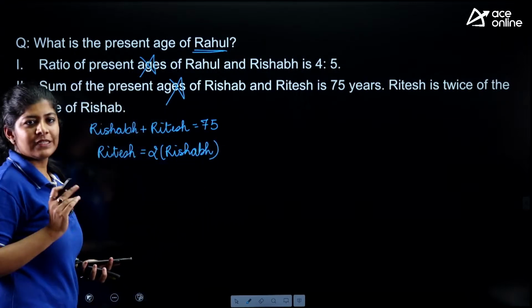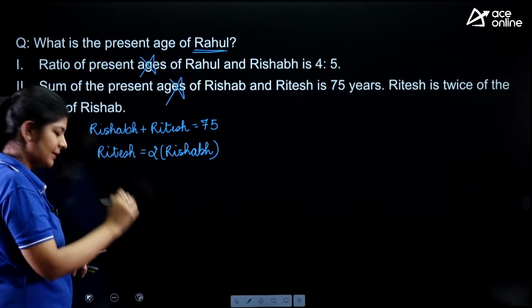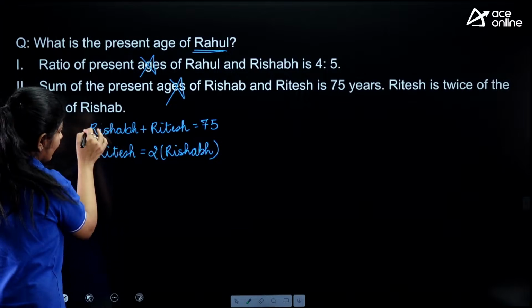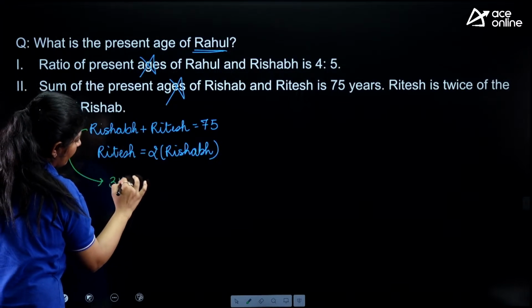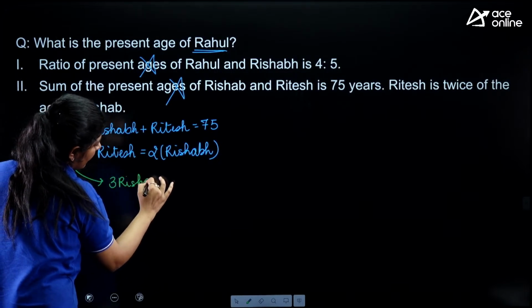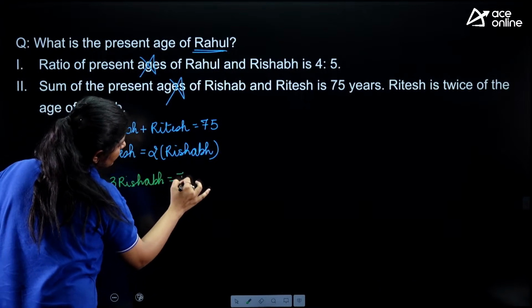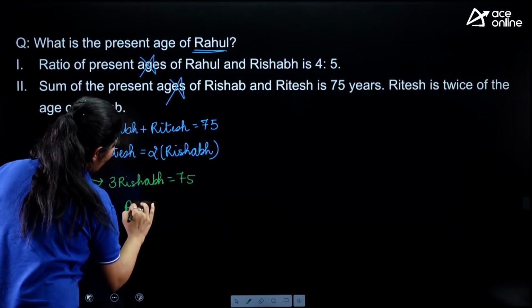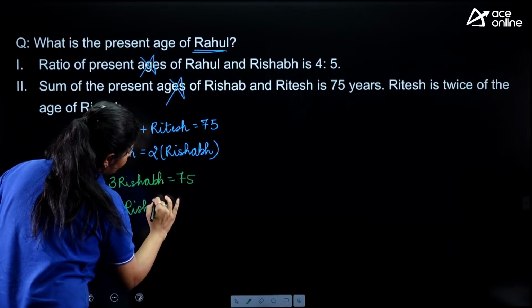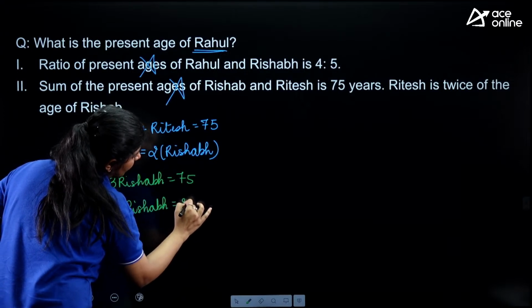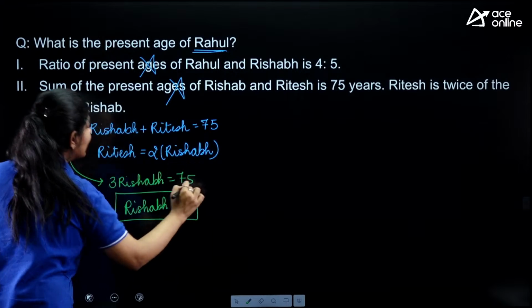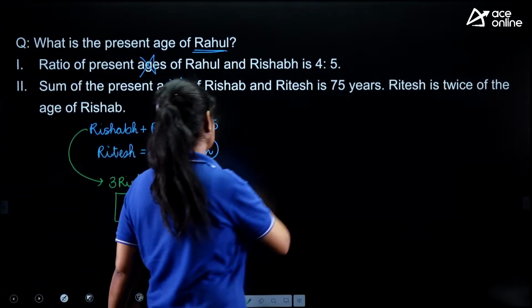So what we will do, we just simply put this value over here, right? So from this one we got 3 of Rishabh is equal to 75. So the value of Rishabh over here is 25, right? So the present age of Rishabh is nothing but 25.